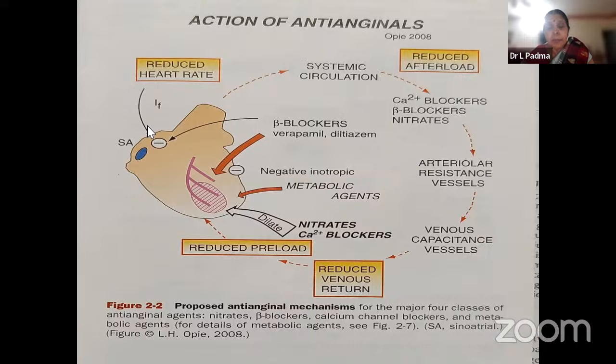All these are known as metabolic agents. All these put together, we have got the total action of anti-anginals. And in resistant angina, we try to use metabolic agents because they will shift fatty acid metabolism to glucose metabolism and hence see that there is a salvage of the myocardium, which is further going for ischemia or infarction.